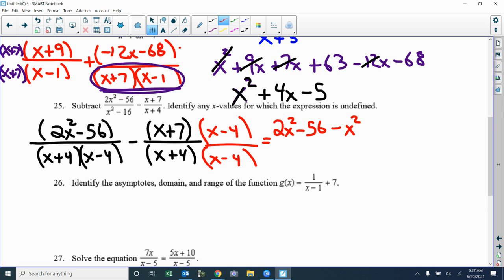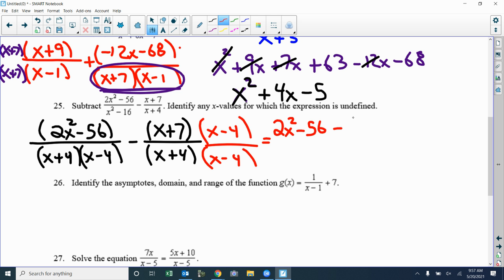Negative x times that would give me positive 4x. Maybe we better go back and just do it without doing that, so I don't want to confuse everybody. We've never done it that way, so I'll go back.